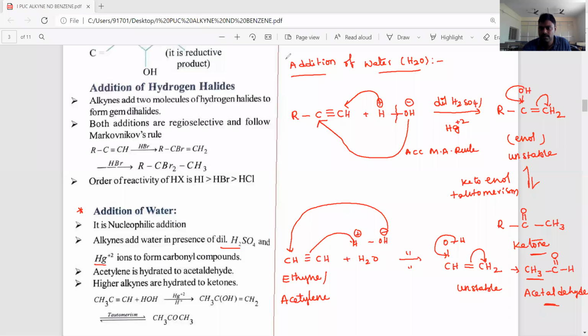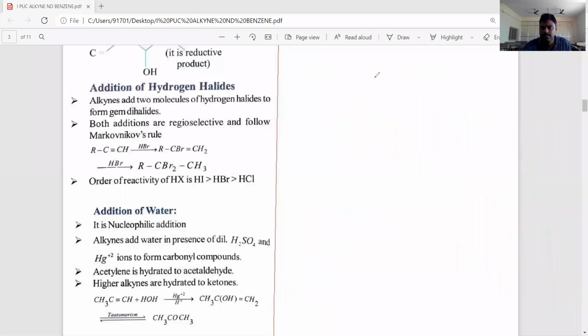For example, take any one alkyne, CH3 C triple bond C, either terminal or non-terminal alkynes except acetylene. You have to add a water molecule. It is a symmetrical alkyne, so you add the H+ ion at one carbon and the OH- ion at the other carbon.